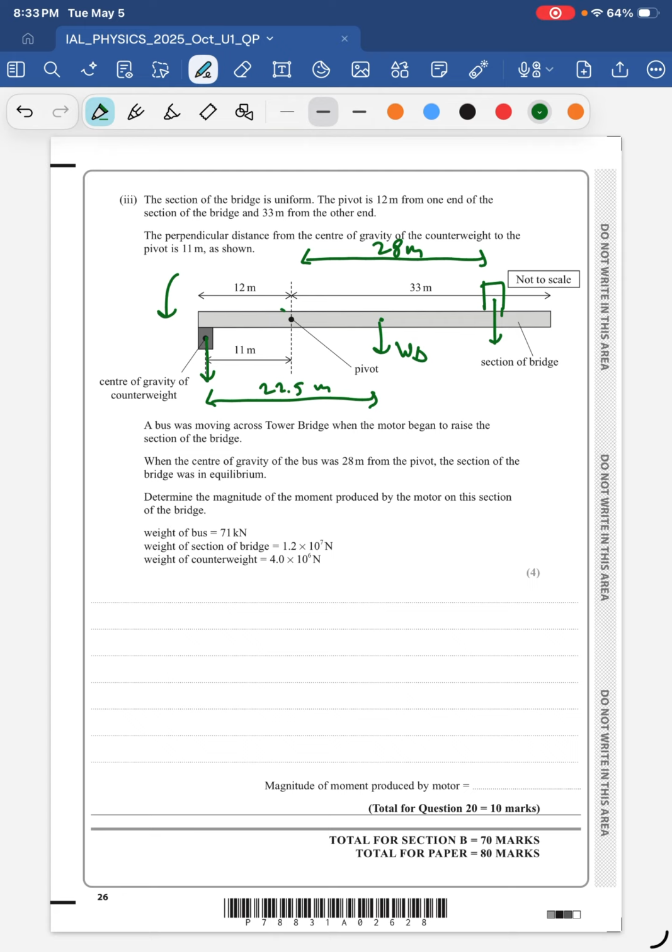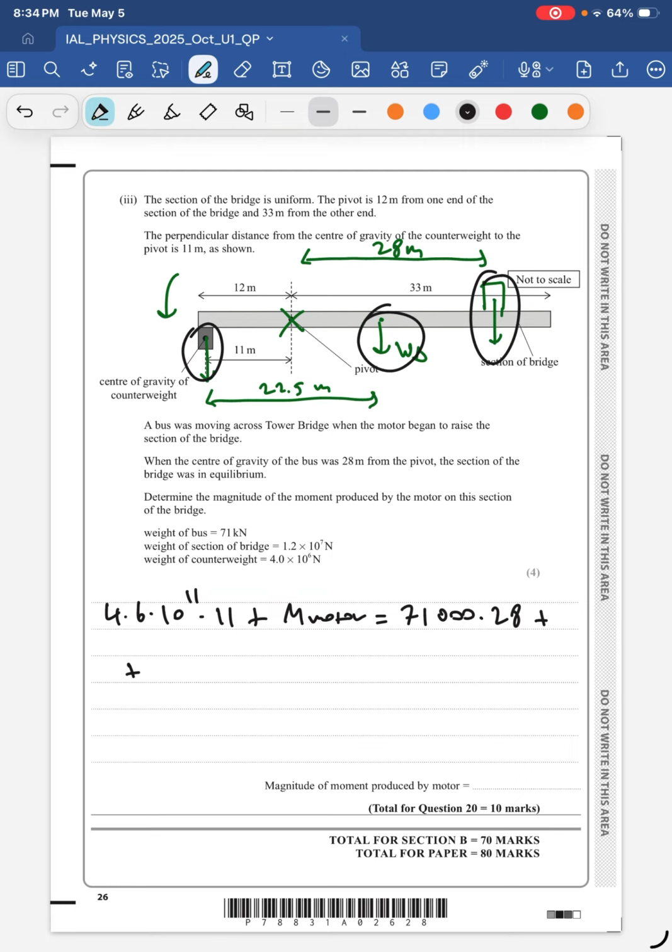Okay, so we take moments about the pivot. We have 4.6 times 10 to the 11, which is the force from the counterweight, times the distance, which is 11 meters, plus the moment of the motor that we want to find, is going to be equal to 71,000 newtons times 28 meters, plus the weight of the bridge, 1.2 times 10 to the 7 newtons times 10.5 meters, we said it earlier.